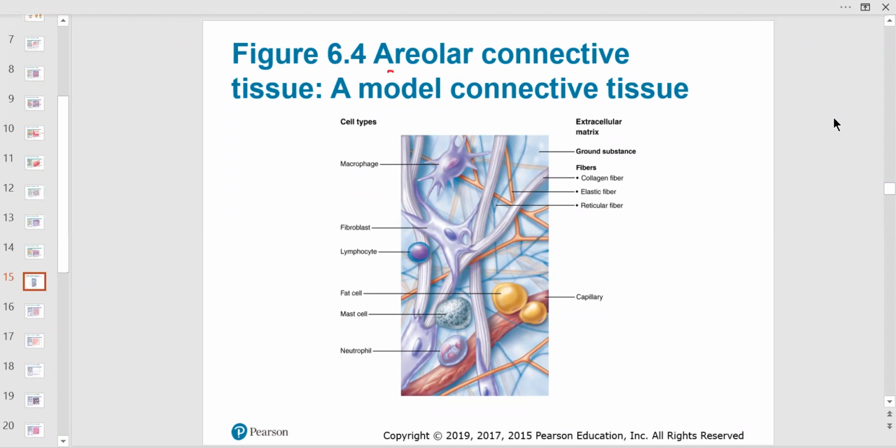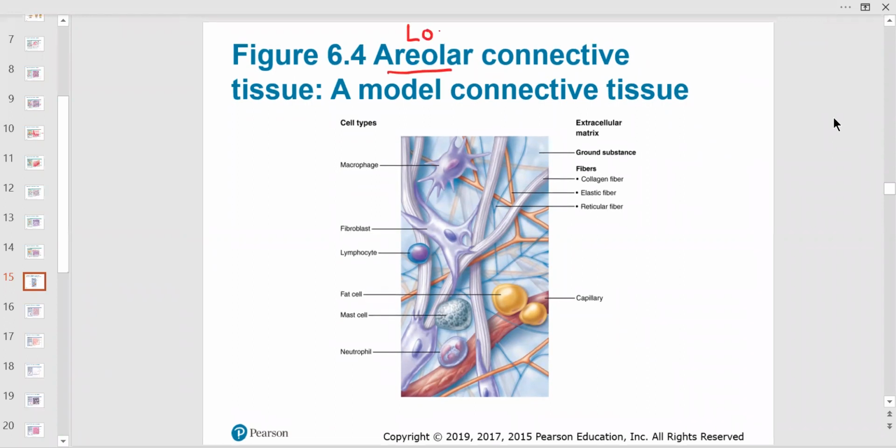Areolar connective tissue is a form of loose connective tissue. Loose, because you're going to have dense as well. Loose and dense, and then you have irregular dense, and then you have special types of connective tissue. So what did I say?